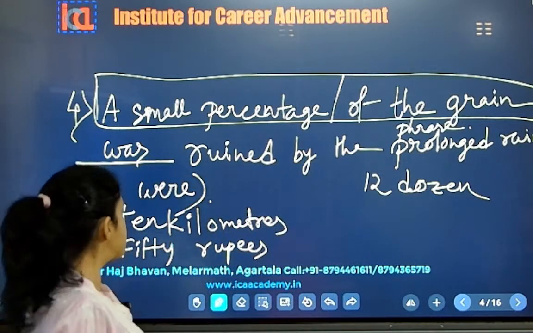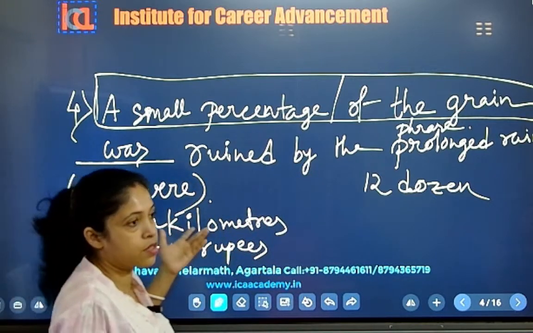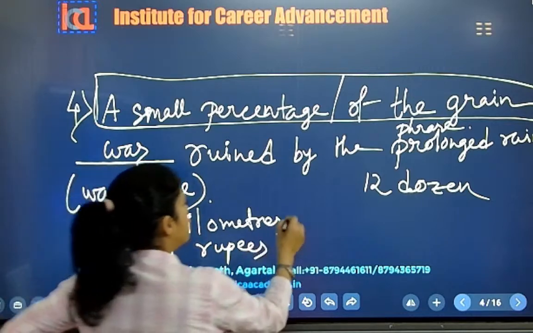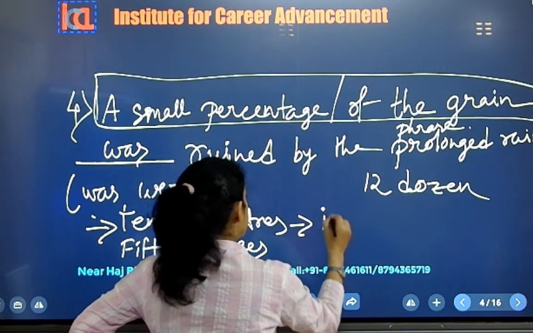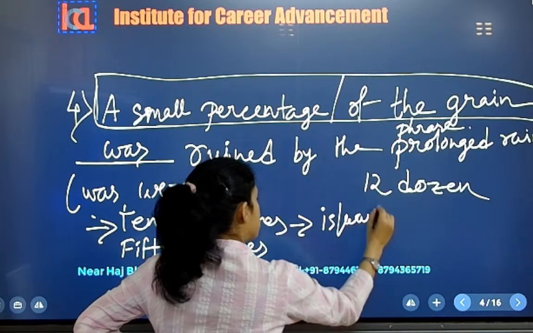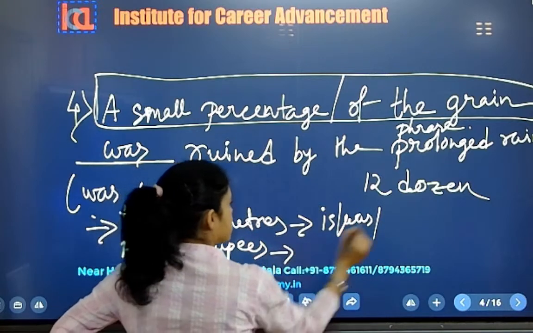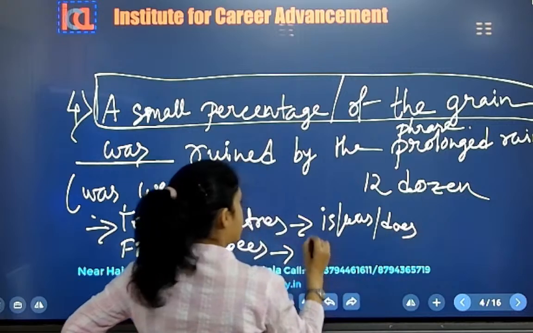Like this, 10 kilometers, maybe 10 meters, centimeters. With all these things, we will use a singular verb: is, was, does. Singular verb we will use.